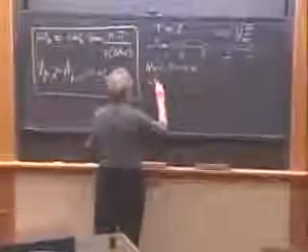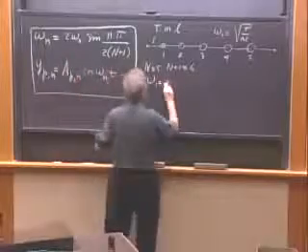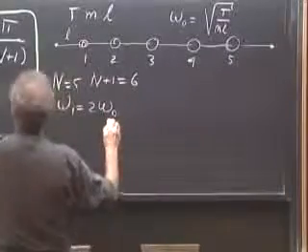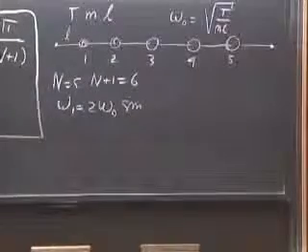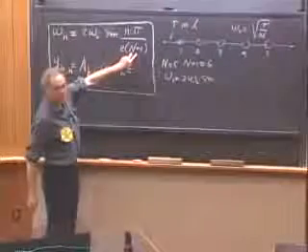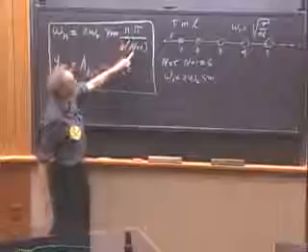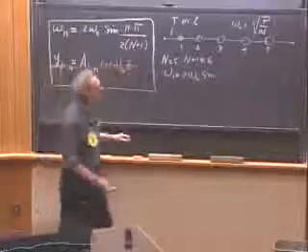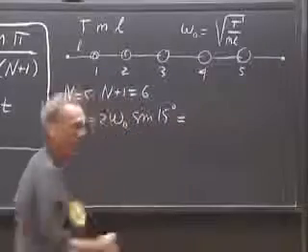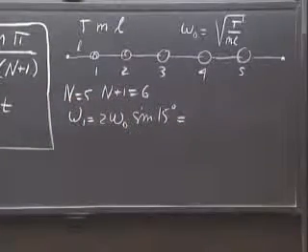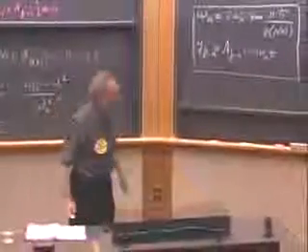That frequency, omega 1, is then 2 omega 0 times the sine, n equals 1, capital N plus 1 is 6, 180 degrees divided by 12 is 15 degrees, so that's the sine of 15 degrees. I write it in degrees because I have a better feeling for degrees than for radians. And that is 0.51.